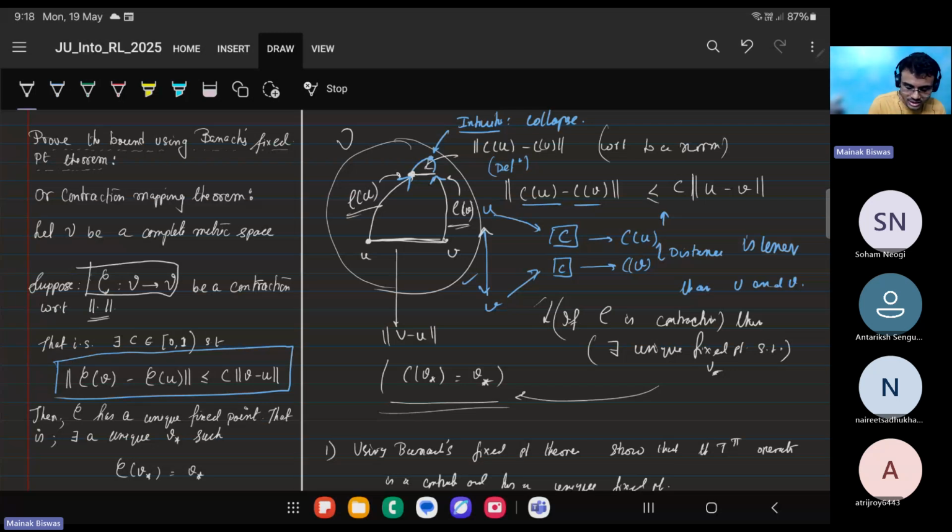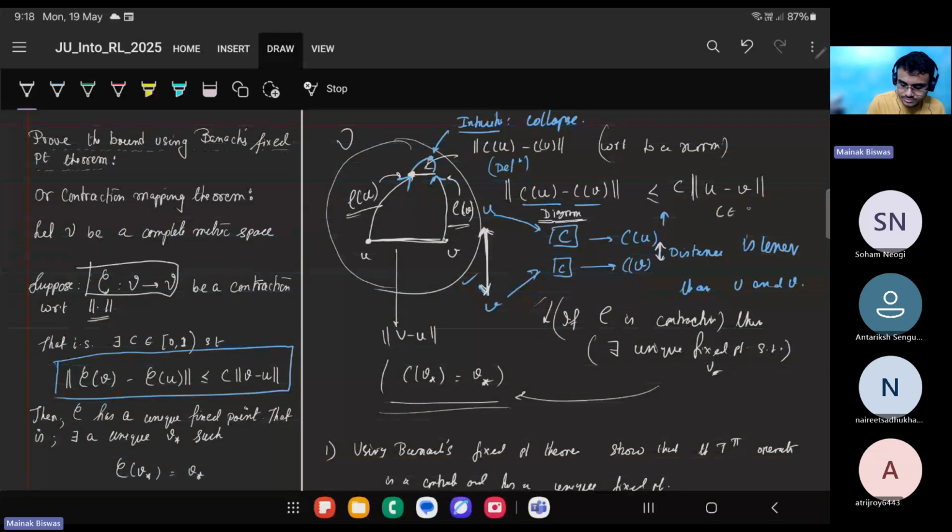You see this diagram. U and v had a distance between them, this white line that I am plotting. When I passed them through the contraction operator, they came closer to one another. Is that fine? Yeah, that's fine.